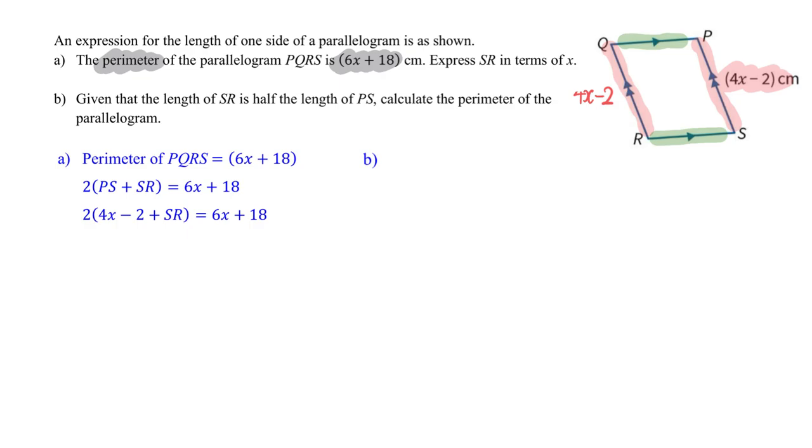So 2 times 4x minus 2, and 2 SR, because the lengths are equal, is equal to 6x plus 18. And let's solve this equation. Expand and simplify.